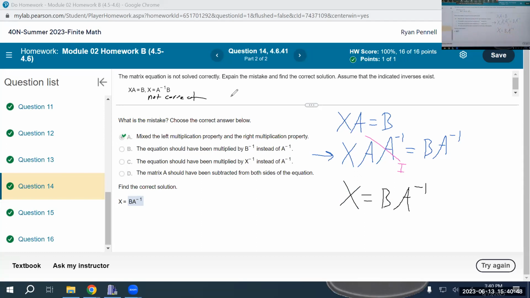All right, so I wrote that they mix the left multiplication property with the right multiplication property. Order matters with matrices. It's not the same thing multiplying either way. They're not commutative. Okay, so order matters. You gotta watch out for that.